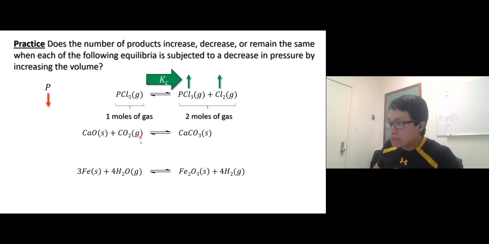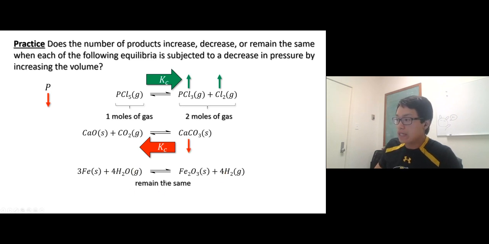The gas is only on the left side. To make more gas, this one has to shift backward. And the last one, we have gas here and gas there, 4 moles and 4 moles. It remains the same, because nothing is going to change. Shift to the right, same gas. Shift back, same amount of gas. So nothing changes, and it does not affect this equilibrium.